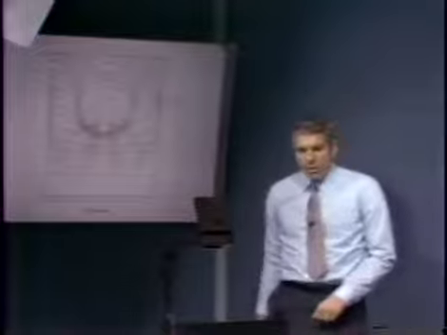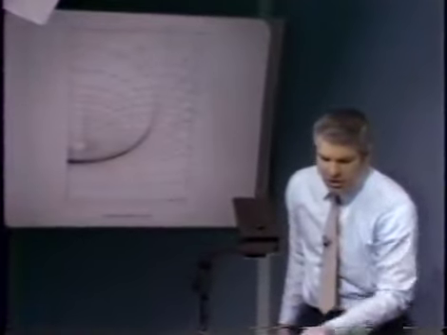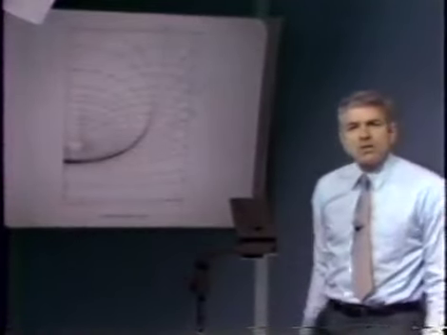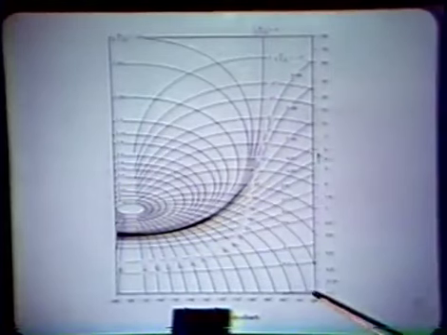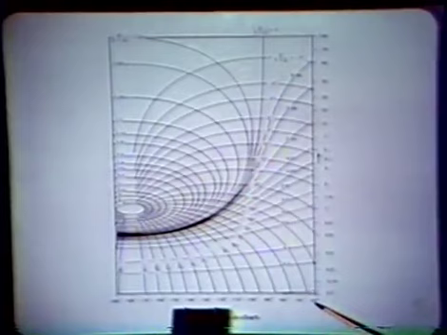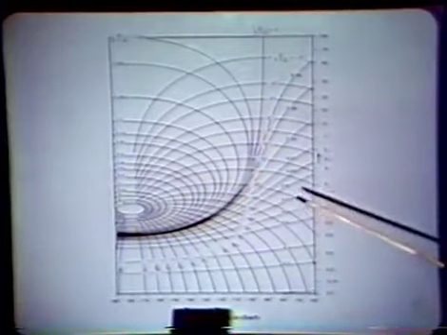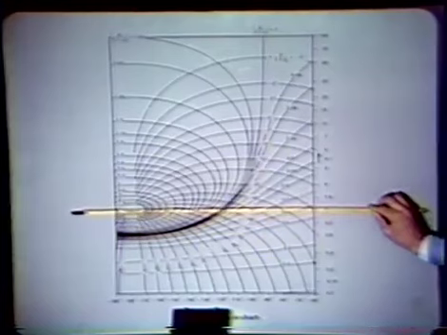And so normally, when we're working with this aid, we use an expanded Nichols chart that focuses on the -1 point. So here we have a Nichols chart that covers only the range of angles from -60 degrees down just slightly beyond -180 degrees, and magnitudes, again, that center about the -1, or the magnitude of 1 point.